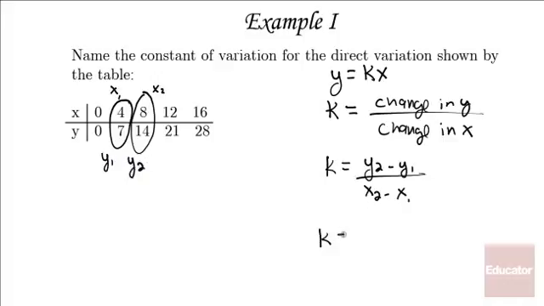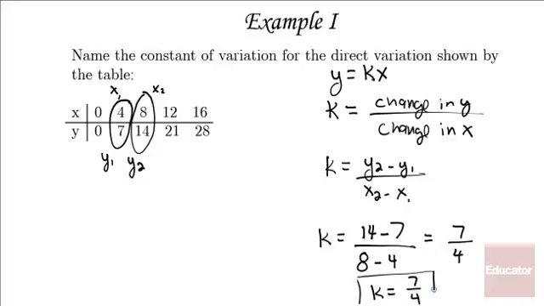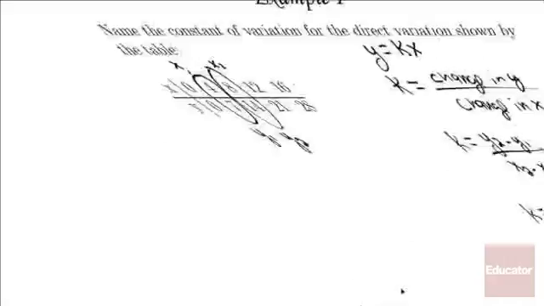Applying that to the equation, k equals y2, which is 14, minus y1, which is 7, divided by x2, which is 8, minus x1, which is 4. So this equals 7/4. Therefore, the answer is k, the constant of variation, equals 7/4.